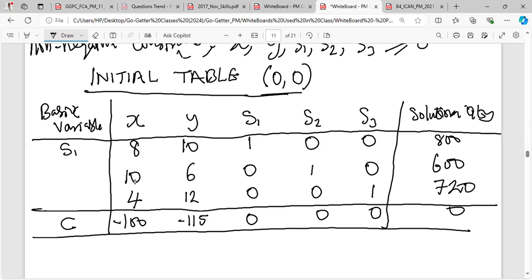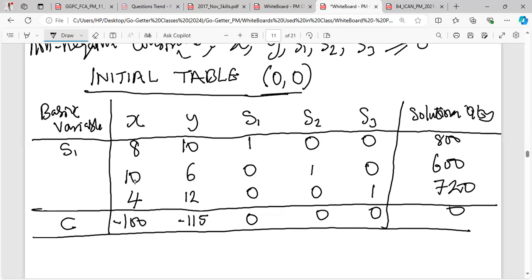If nothing has been produced, our slack variable will be 800, meaning that the machine has not been used. So S1 will become the slack variable.